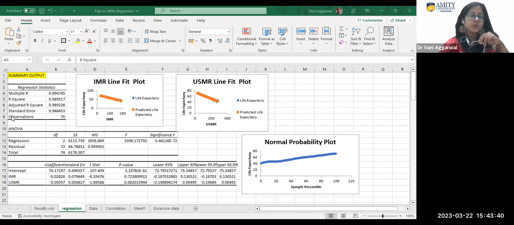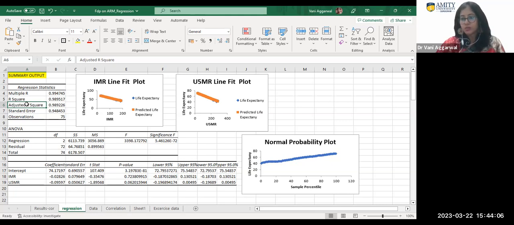Okay, now there are two terms here, R square and adjusted R square, right? So what is the difference between these two? This is basically your R square adjusted for the number of independent variables.